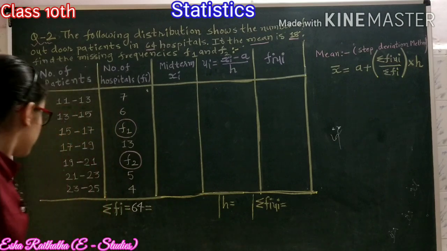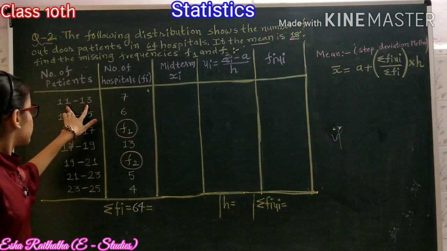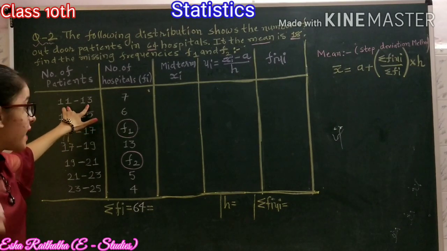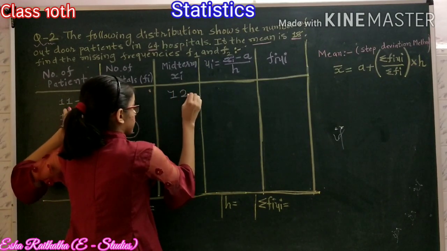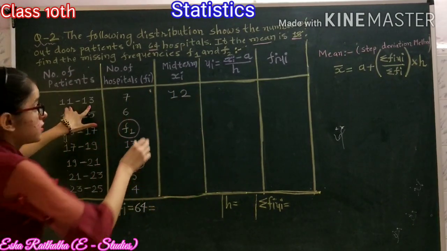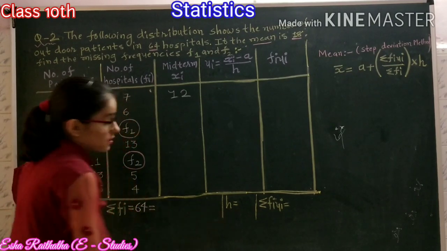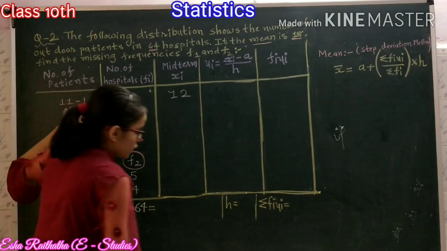First of all we have to find the class size. So 13 plus 11 will be 24, divided by 2 will be 12. This we have found is the midterm. Now we will find the class size. 13 minus 11 will be 2.